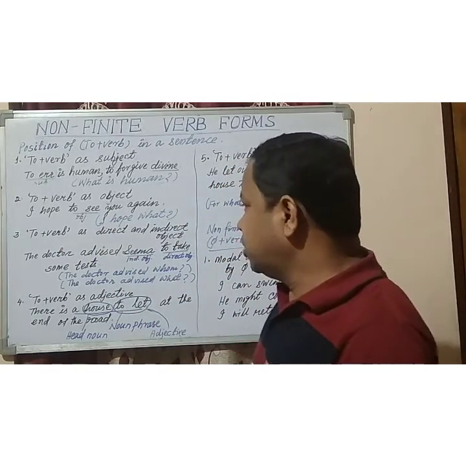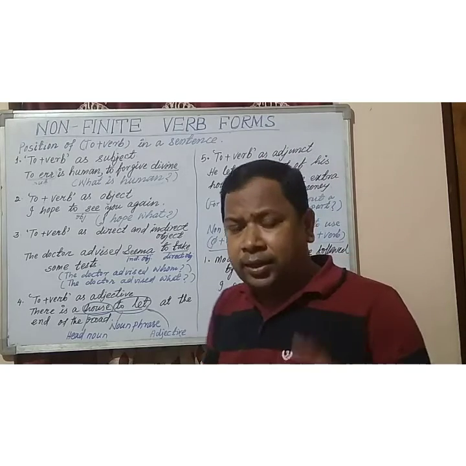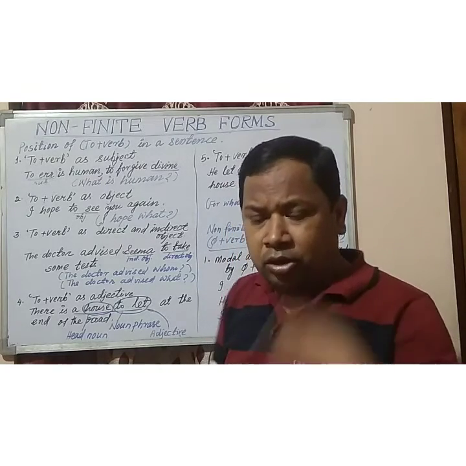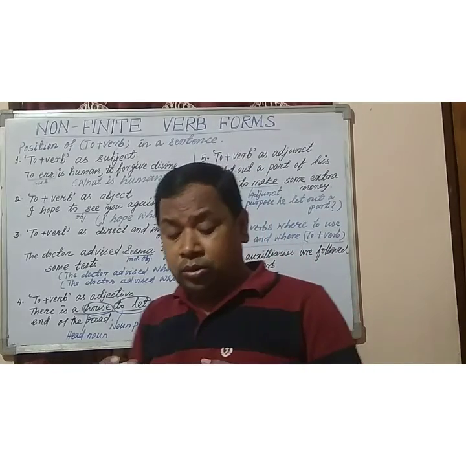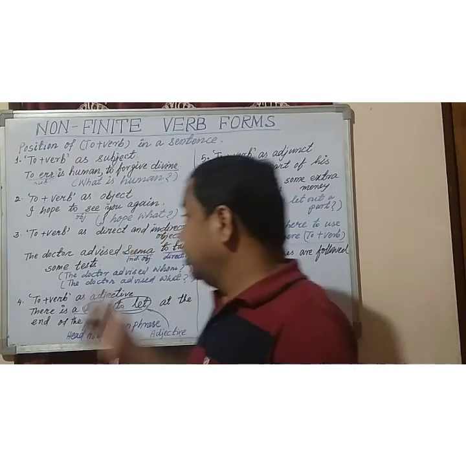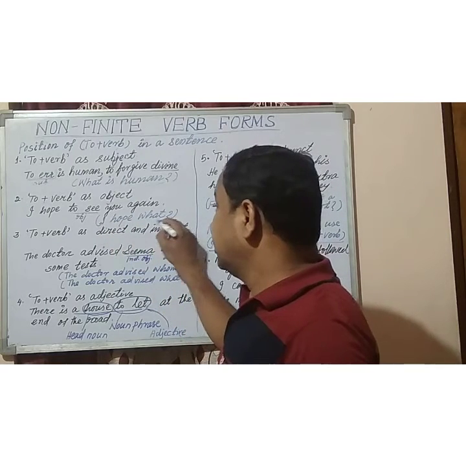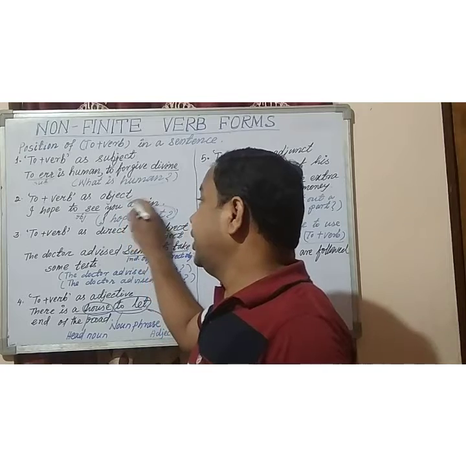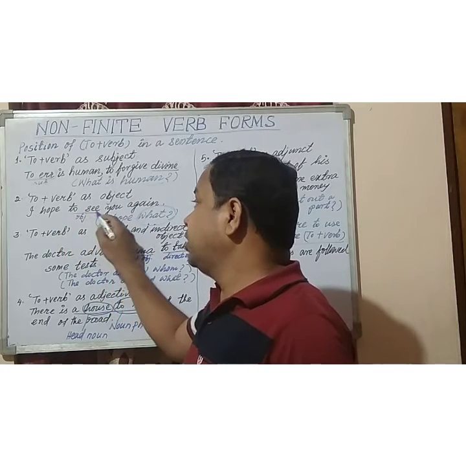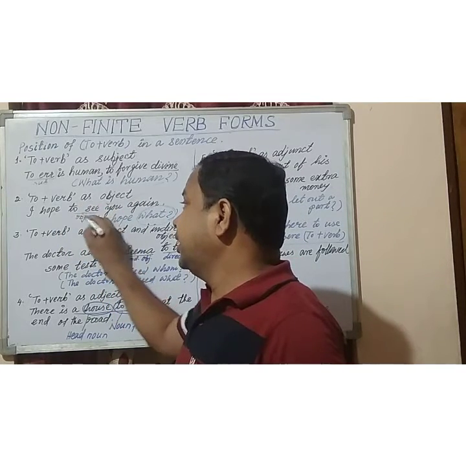If I ask here, I hope what? Automatically the answer comes: to see. So when the answer to the question I hope what comes, the result is known as object. So here to see is the object.